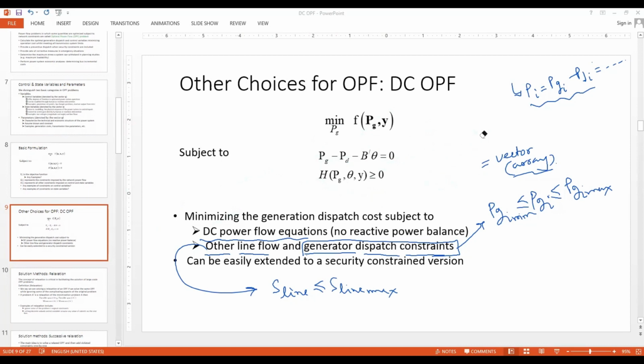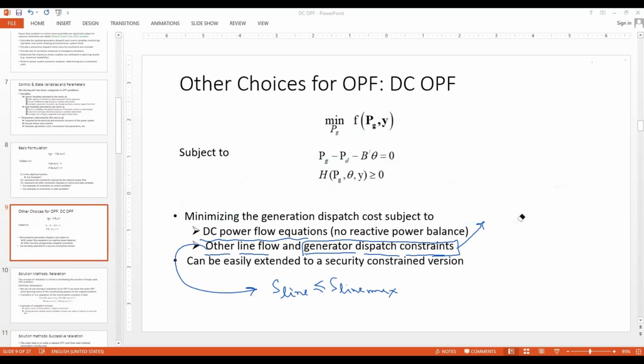So now we will see what is basically the DC power flow, because you can clearly see that the DC power flow equation is a part of the DC OPF solution. So let us see now what is basically the DC power flow and how actually we will get it simply by the application of some simplifying assumptions to the AC power flow expressions. So let's switch our focus to the next set of presentations.